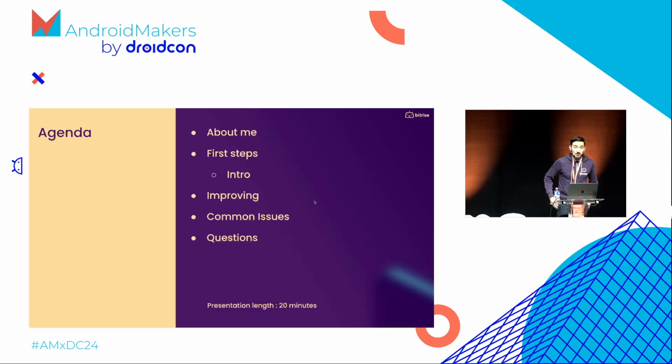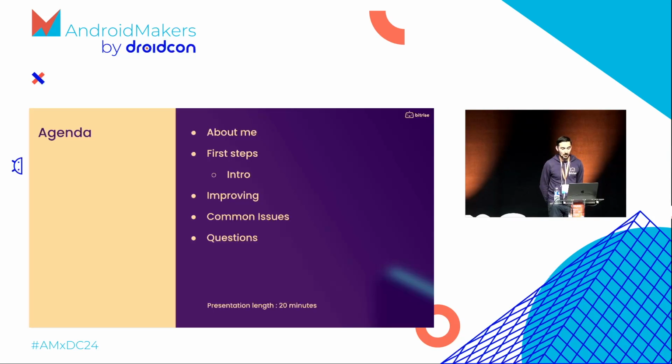Let's just have a quick look at the agenda. Very first, we are going to talk about me. I'll give a bit of an insight into what I did so far in my life with my career and what I'm doing right now at Bitrise. Then we are going to look at the first steps of integration and do a bit of an intro to build caching.